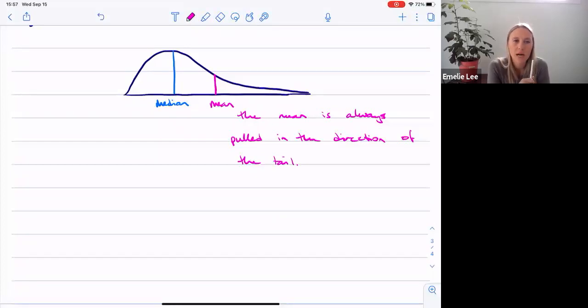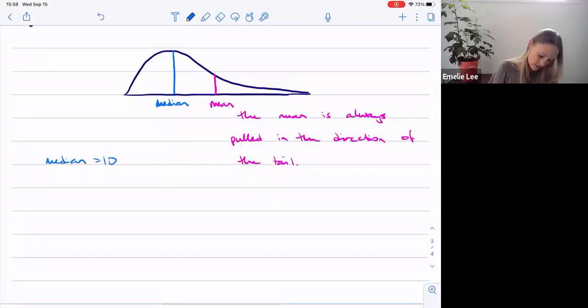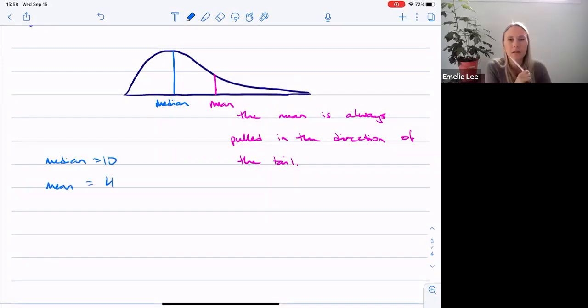So that's just something to keep in mind. There are a lot of things that we could talk about here, right? If you are given the mean and the median and only those two values, right, you can get a sense of the distribution, right? If I tell you that the median is 10, for example, and the mean is 4, what would that distribution potentially look like? Well, first of all, because they're not similar, I know it's not symmetric, right?